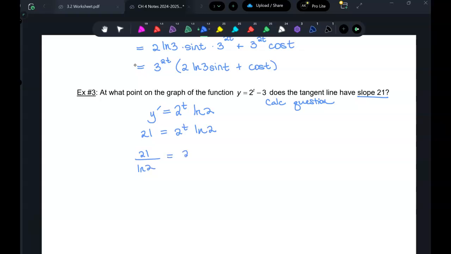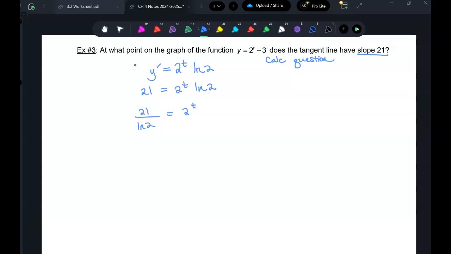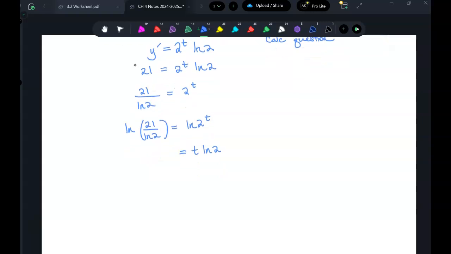This could potentially be on either one, because I could still isolate t without picking up the calculator. In this case, we could do natural log of both sides of this, which allows us to move the t to the front, because of the exponent.